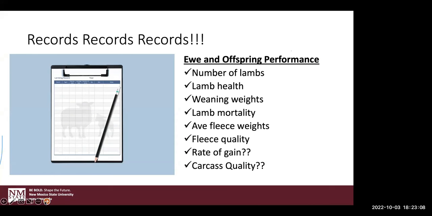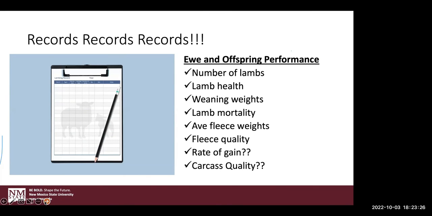Keep track of your fleece weights, realizing that can all change year to year. Nutrition has a role in that a little bit, but genetics will trump that if given the opportunity. Fleece quality, is that starting to change? And then certainly the rate of gain.